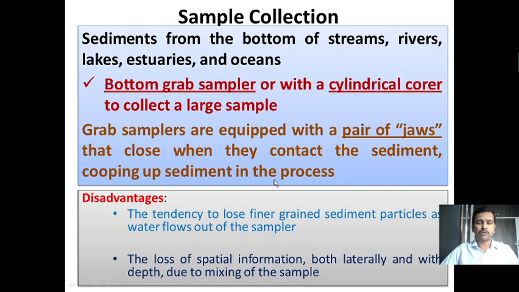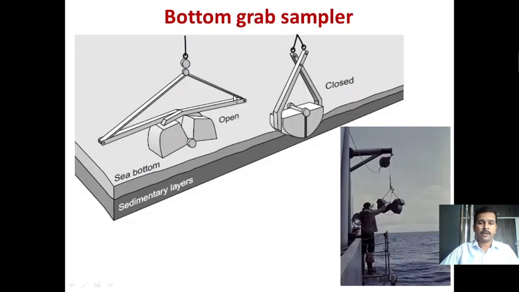So mixing action will be possible there. Due to this mixing action, the spatial information will be lost. These are the disadvantages while using these bottom grab samplers, especially while sampling sea waters or river waters or lake waters or estuary waters or ocean waters.